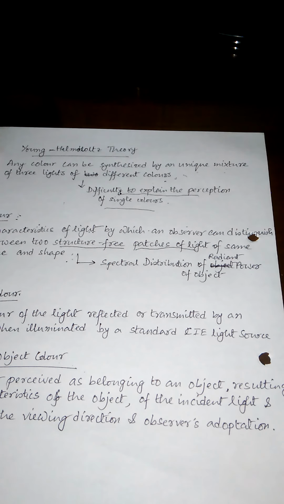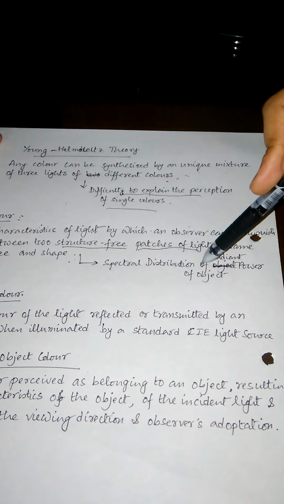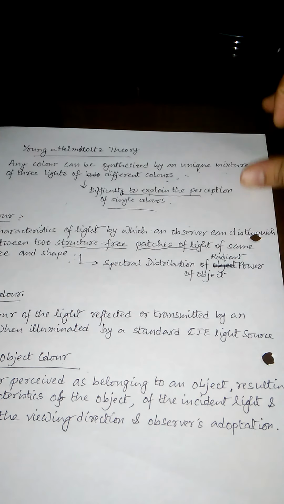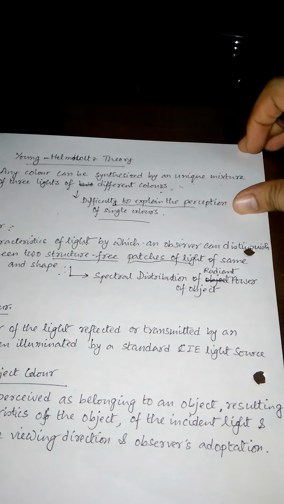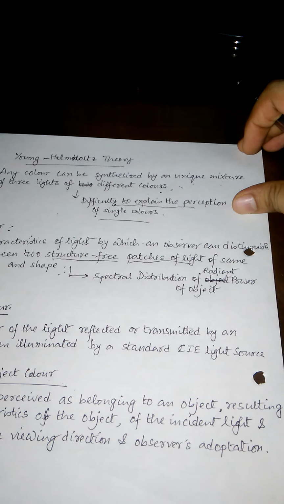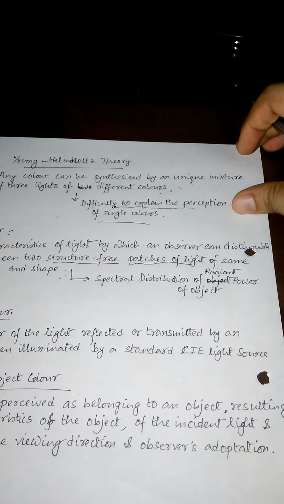That is how the distribution of radiant power reaches our visibility, and it depends on how we perceive it. On that perception we say this is red, or blue, or green, or whatever it may be.